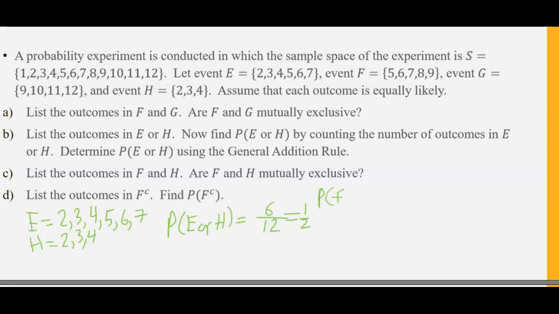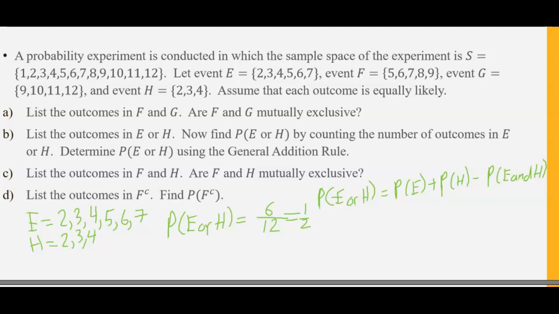Probability of E or H is equal to the probability of E plus the probability of H minus the probability of E and H. Where probability of E is simply the probability of E. Probability of H, again, is simply the probability of H. Probability of E and H, that is where they intersect.